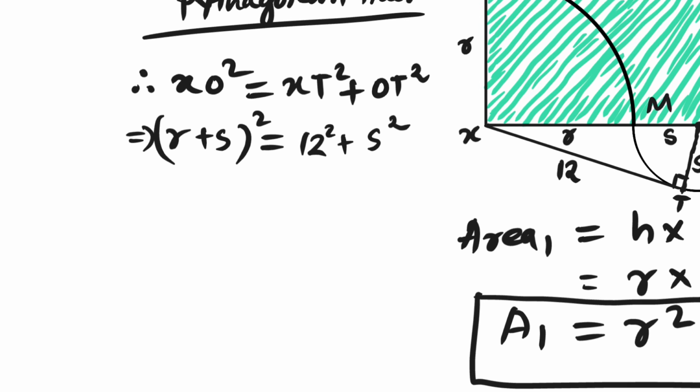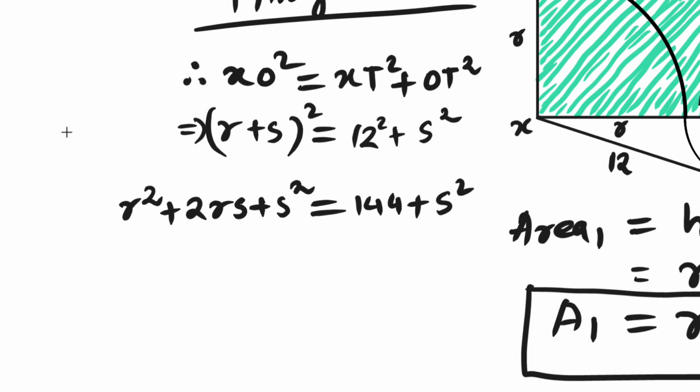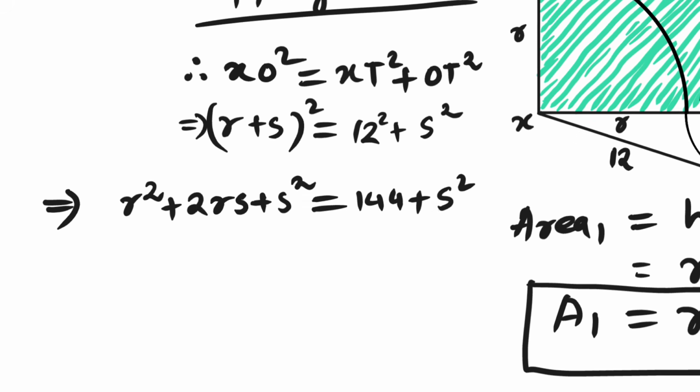Now let's expand the left side. The quantity r plus s, squared, becomes r squared plus 2rs plus s squared. On the right side, 12 squared is 144, and then we still have plus s squared. So we obtain r squared plus 2rs plus s squared equals 144 plus s squared.